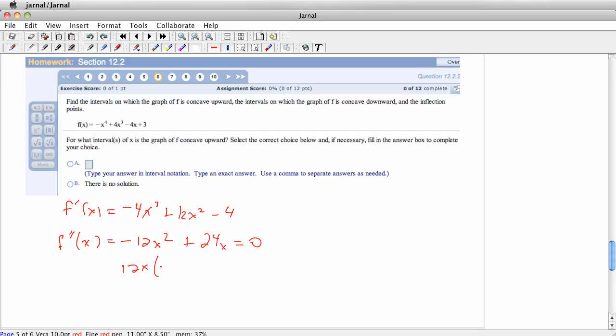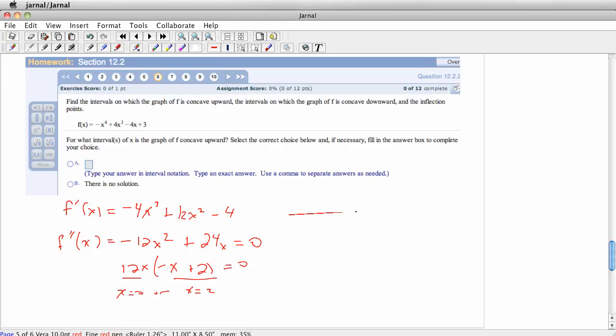That leaves me with minus x from the first term and plus 2 from the second term. And I can see that when two things multiplied together equal 0, that means either 12x is 0, which means x would be 0, or minus x plus 2 is 0, which would happen when x is 2. So x equals 0 and x equals 2 are the two values that make my second derivative equal to 0.